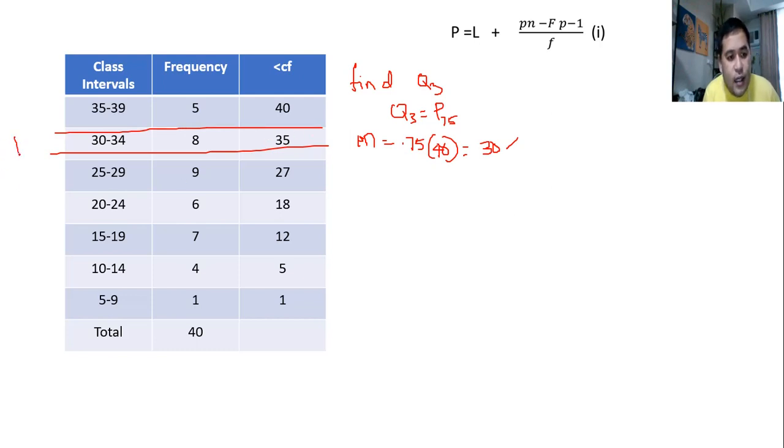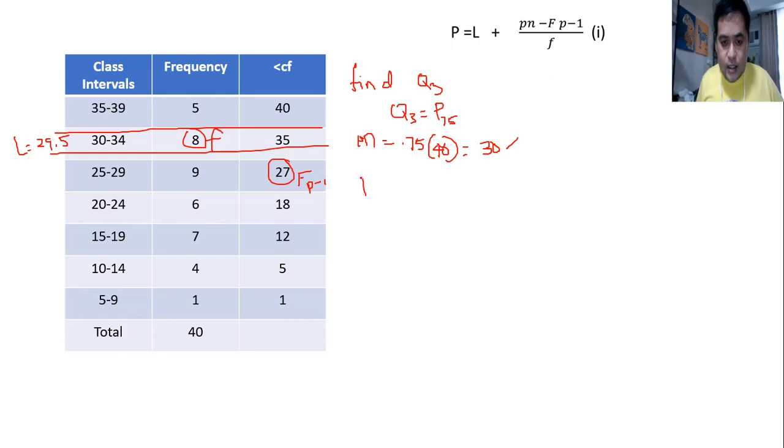So let us find your L. 30 minus 0.5, that is 29.5. This will be your, of course, the cumulative frequency F, which is P minus 1. So 27. So your F is the frequency of the percentile class. So now, you are ready to substitute for this formula.